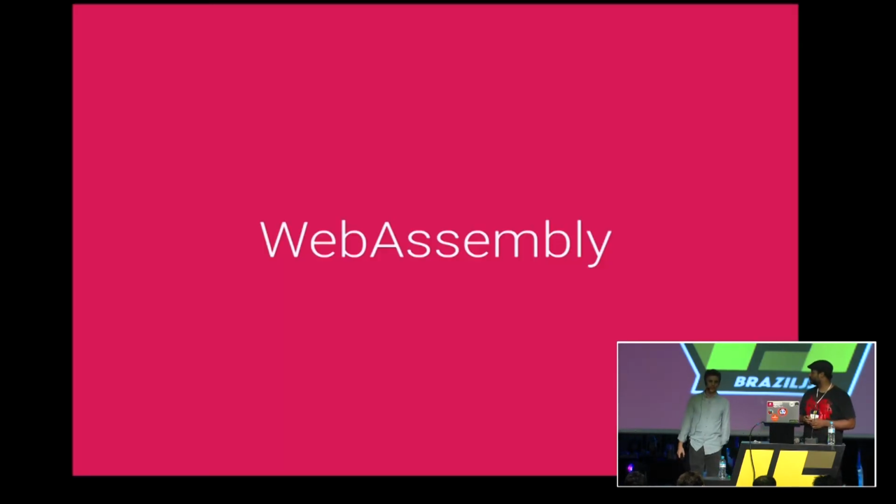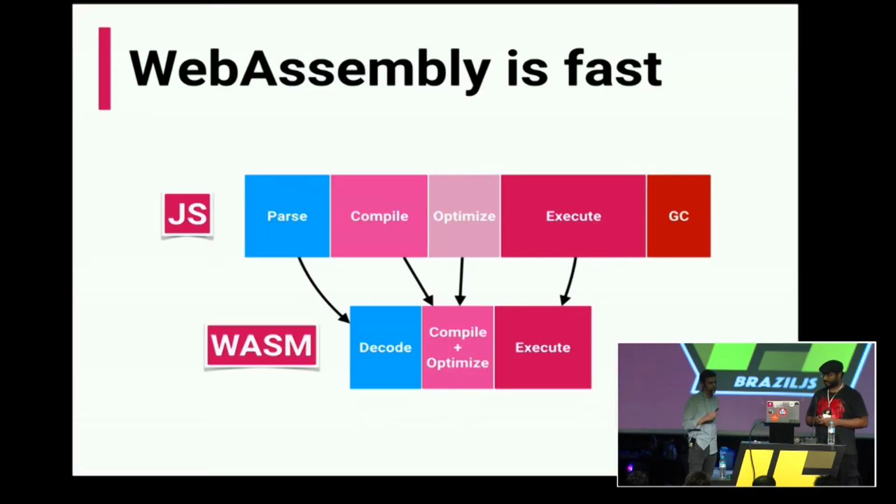Okay, so when we introduced WebAssembly before, we said that it was a big improvement for the web because of its performance. And now that Willian just explained how just-in-time compilers work, we can understand why. Here, we compare in a very simple way how the JS engine treats JavaScript code and WASM code.